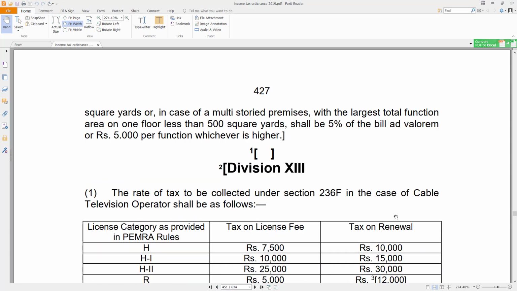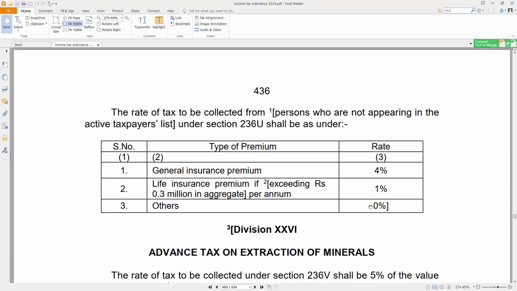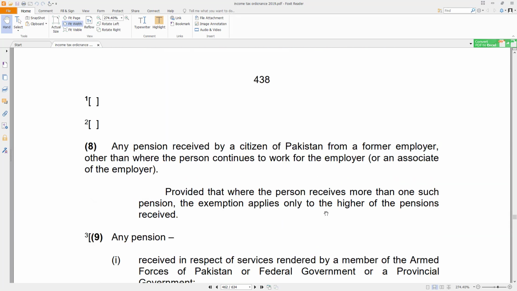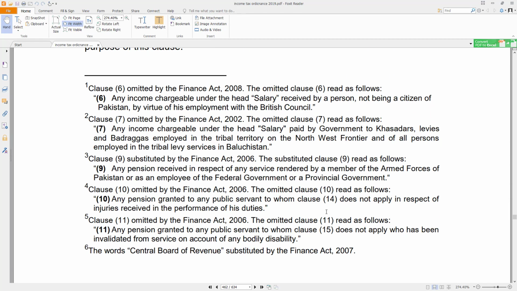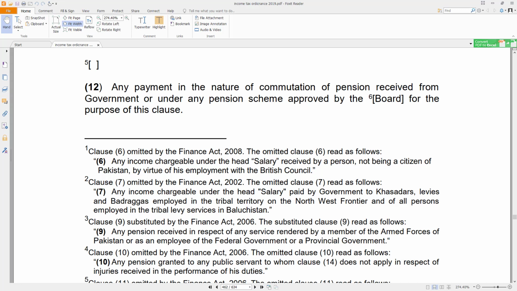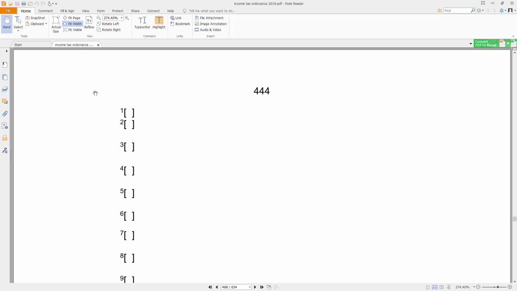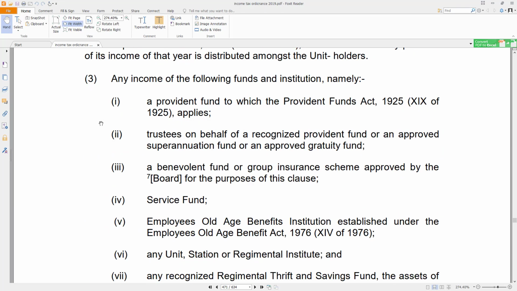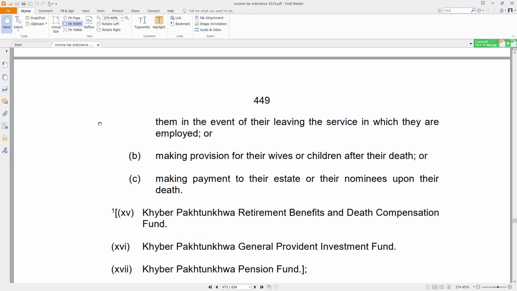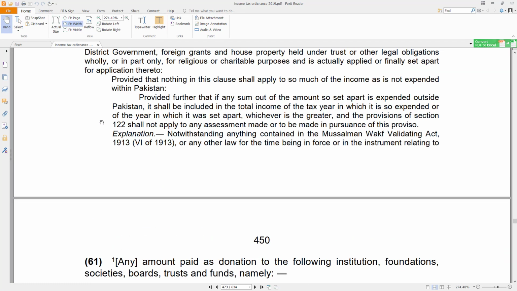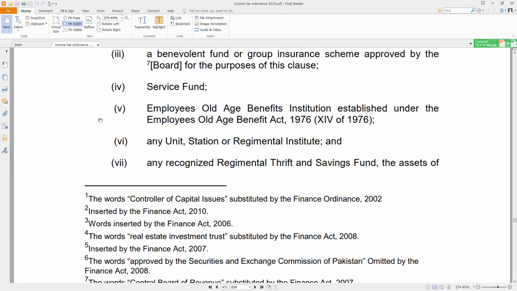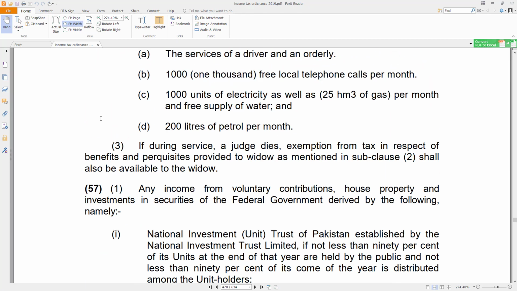Further down we would have schedule second, and within this schedule second we need to move to the 60th section, because this donation was discussed in section 60. Okay, so here we have this section 60.